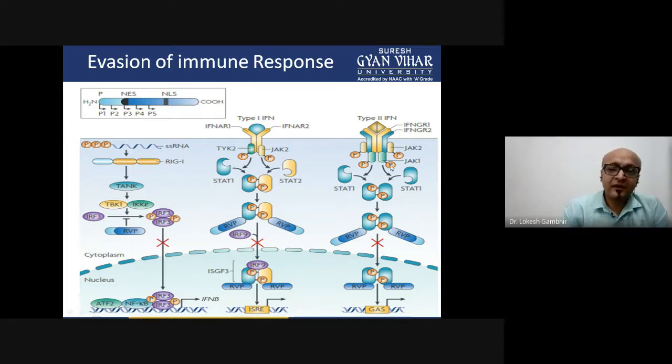Similarly, type 2 interferon performs the same function by stimulating the STAT pathway, again resulting in the formation of antiviral proteins. So that is the normal response that our immune system mounts.